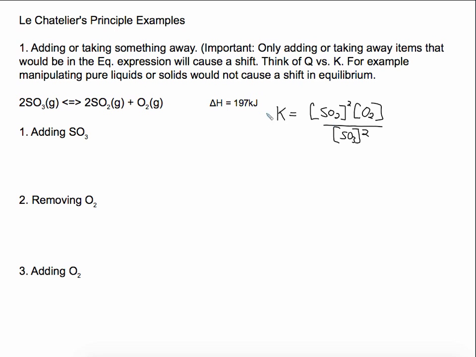This could be Q or K if it is at equilibrium, or if it's not, we would refer to it as Q, but you'd write the expression the same.